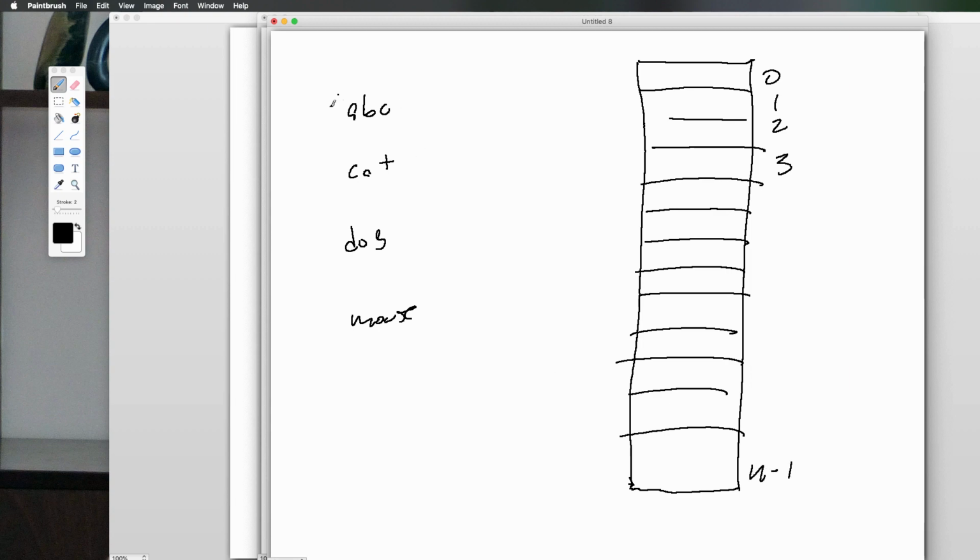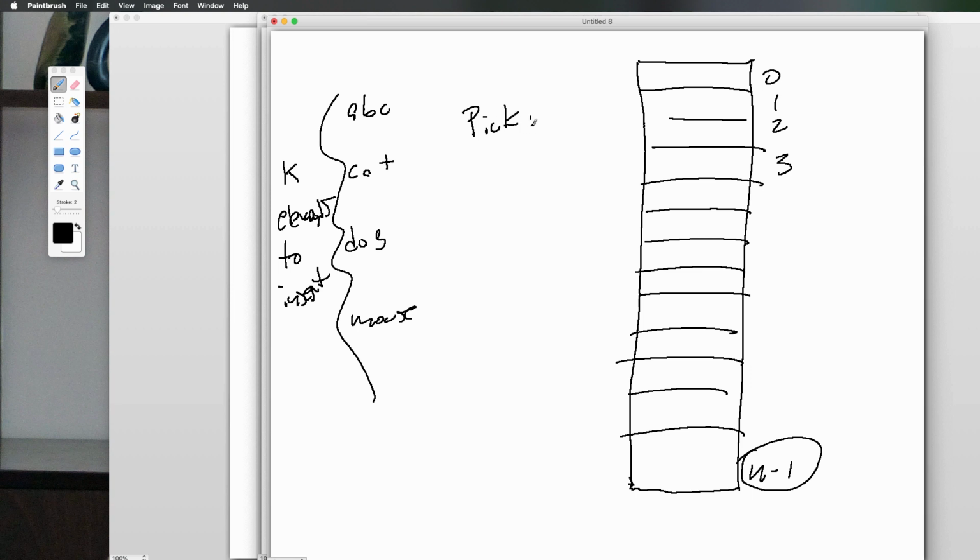And we're going to assume over here that there are k elements to insert. Basically I want to pick n such that n is much bigger than k and n is a prime number.